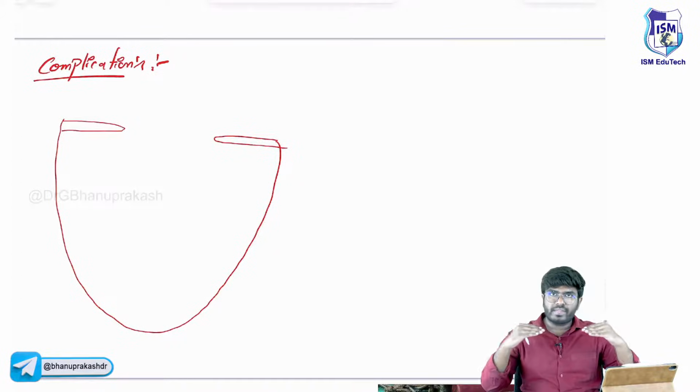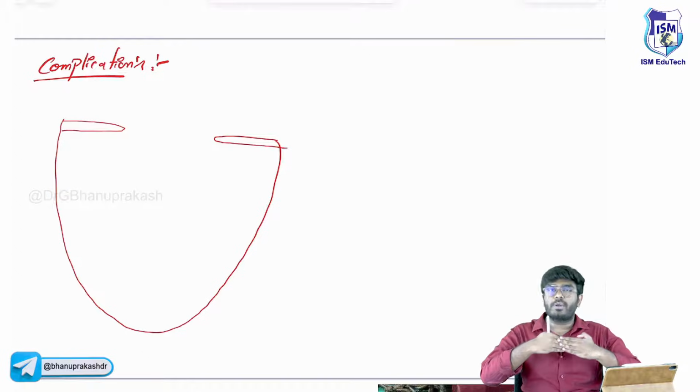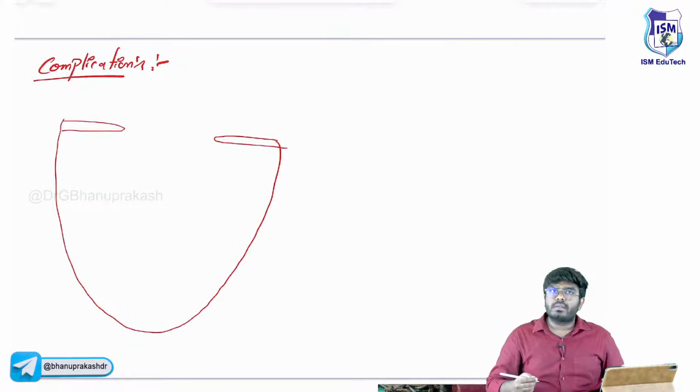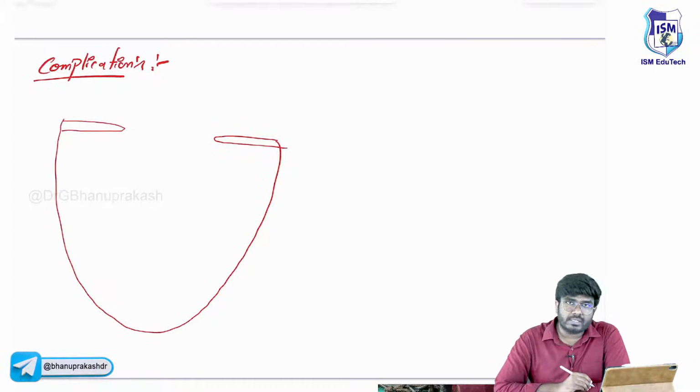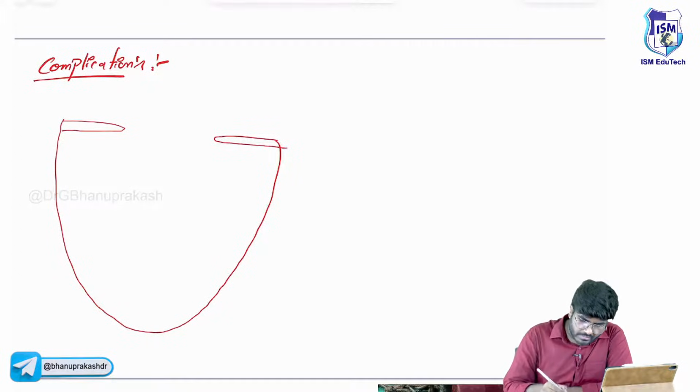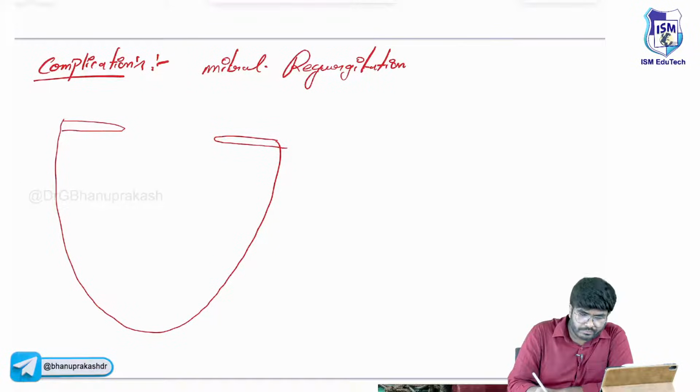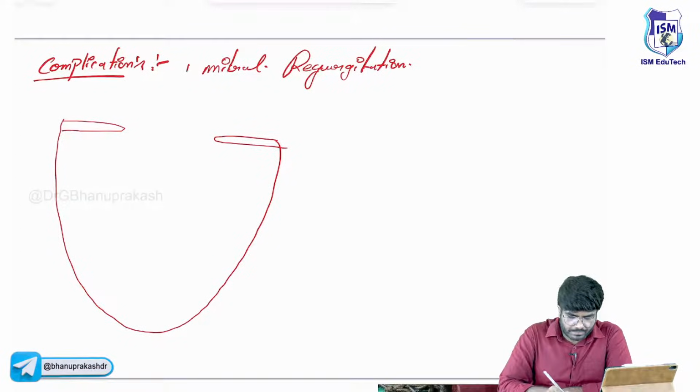They're not closed properly, so the coaptation of the valves is not going to happen properly. So what will happen? Regurgitation. So in dilated cardiomyopathy, the problem is going to be regurgitation, especially mitral regurgitation on the left side.